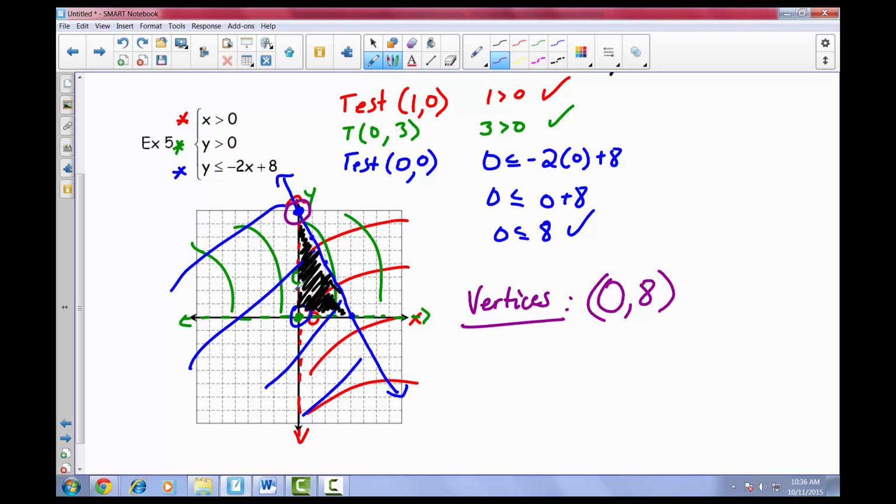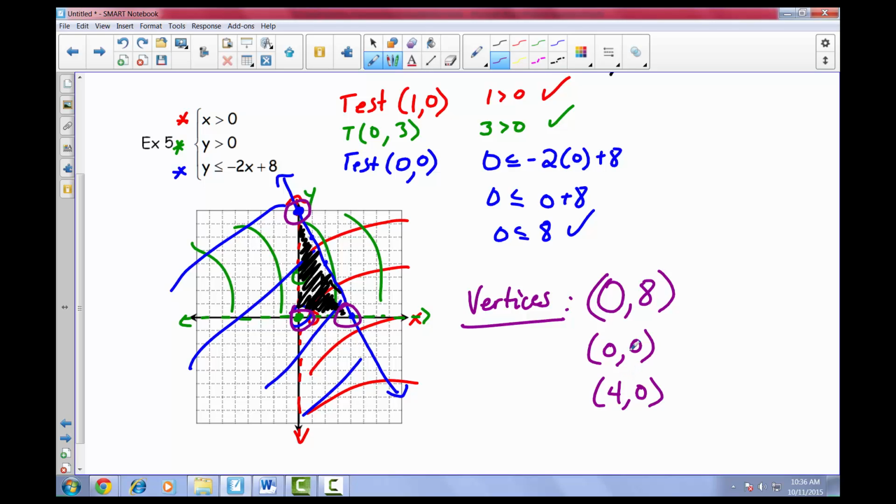There's another intersection here at the red line and the green line. That happens to be our origin, so that is 0, 0. And then our last one, we notice another intersection between our blue and our green line, happening at 4, 0. And so these would become our vertices.